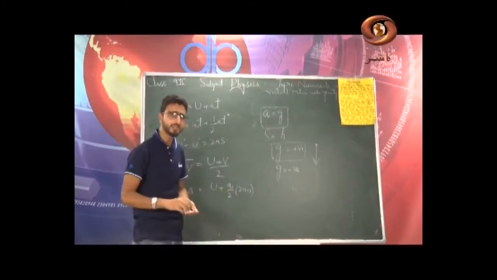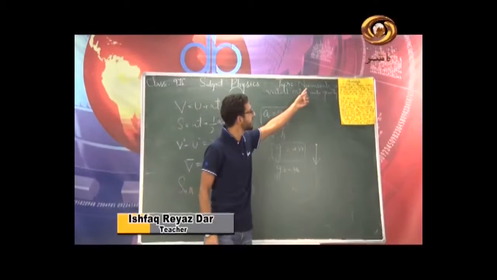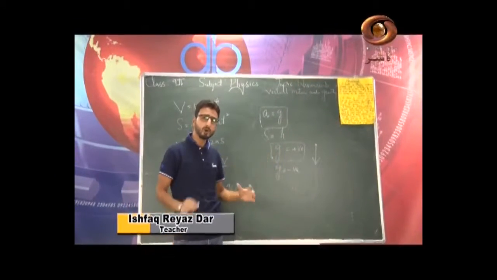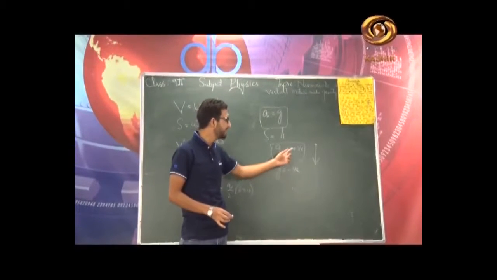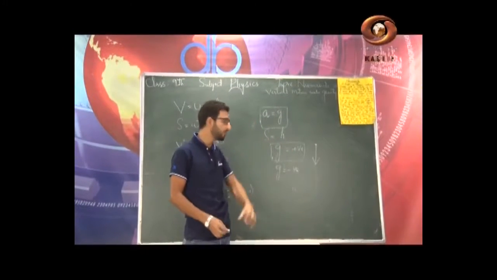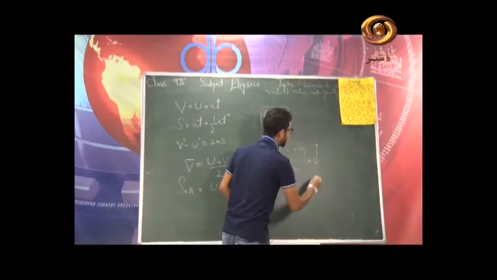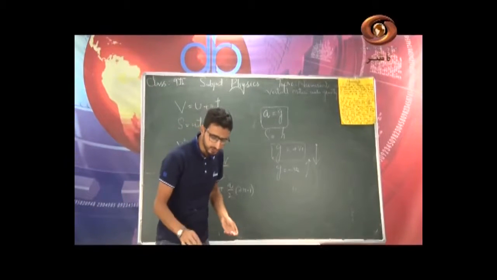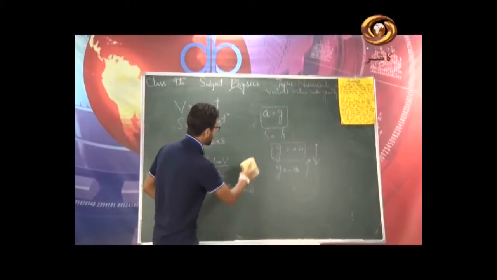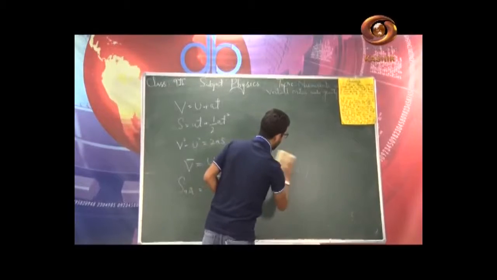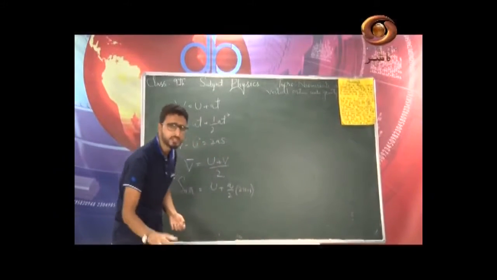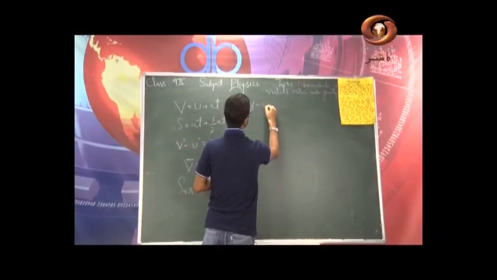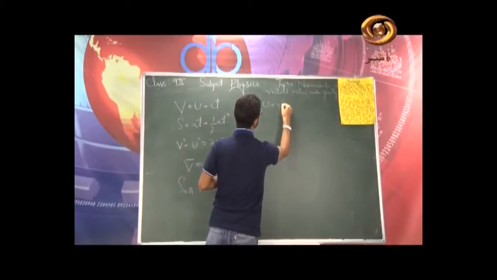So while solving numericals regarding this motion, we have to take care of the proper sign conventions. G is taken positive for vertically downward motion, and G is taken negative for vertically upward motion. So when I replace A by G, S by H, these equations for a freely falling body will become V is equal to U plus GT.